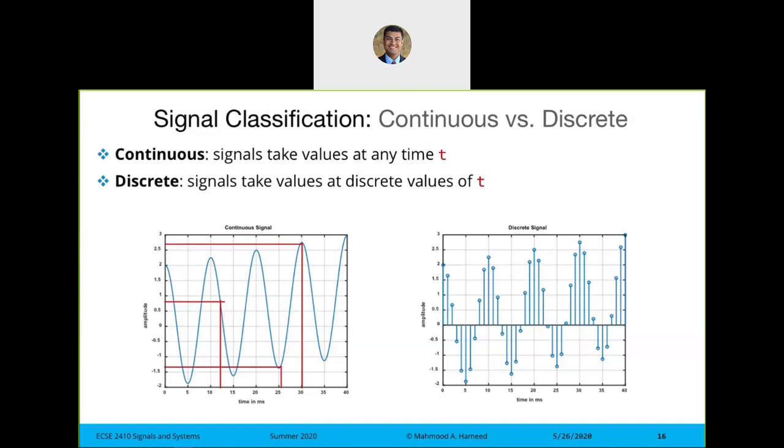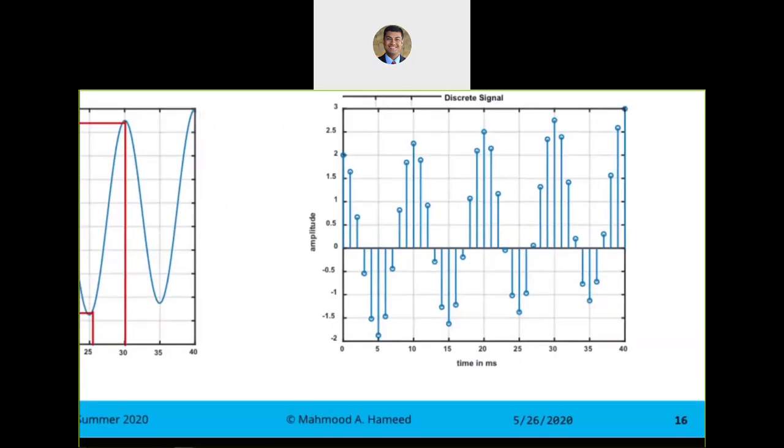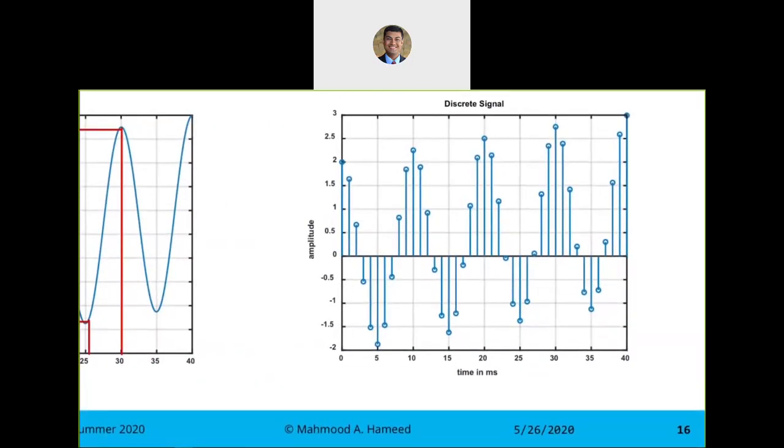How about discrete? You are essentially saying that the signal will take values at discrete values of time. Usually we represent this as n. So when we talk about discrete signals, you will see the mention of n, which refers to the nth value. So the first value, second value, third value, and so on. All I did was pick out a few values from the continuous signal.